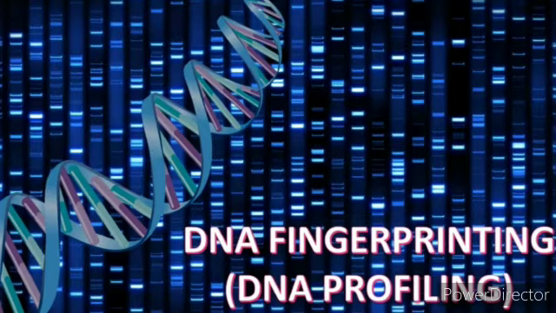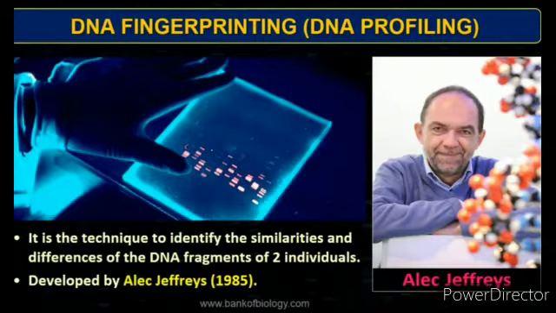What is DNA fingerprinting? DNA fingerprinting is the technique to identify the similarities and differences of the DNA fragments of two individuals. It was developed by Alec Jeffreys in 1985. DNA fingerprinting is also called DNA profiling.